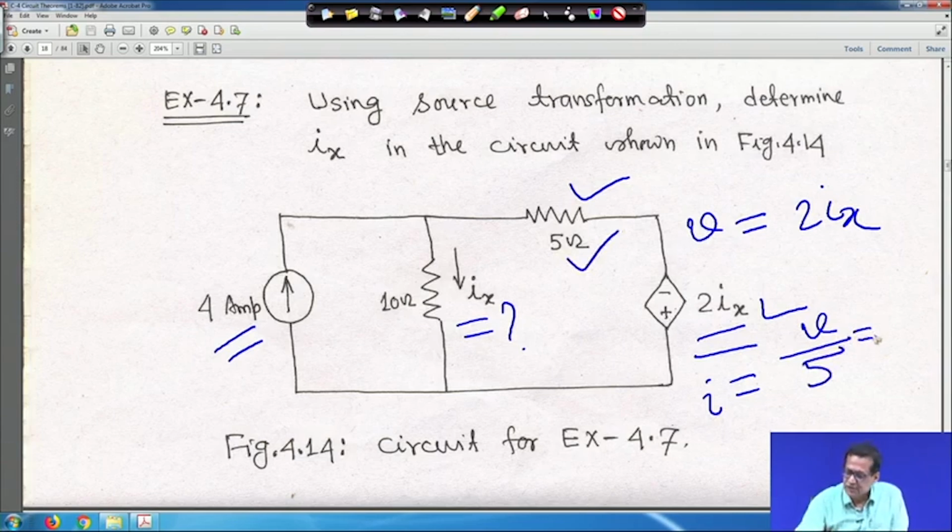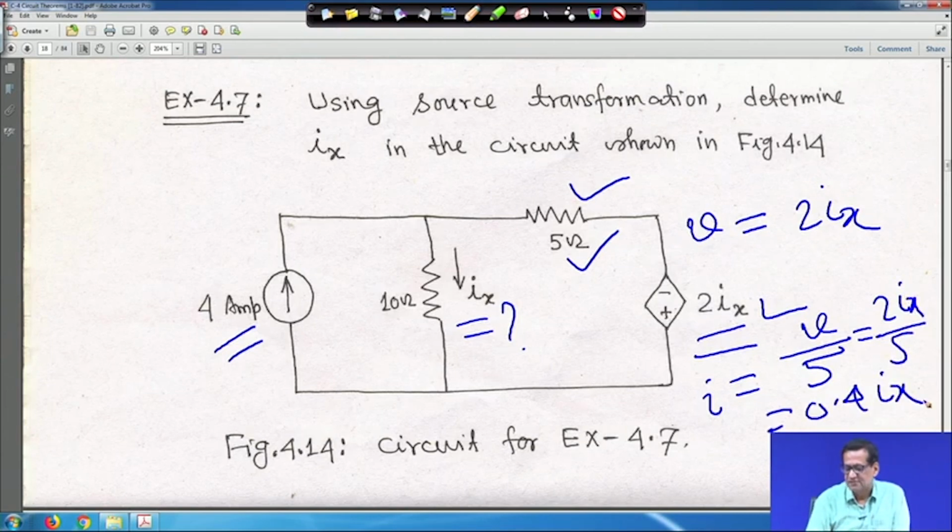V is 2 into Ix divided by 5, which is equal to 0.4 Ix, right. So, the dependent voltage source is converted to a dependent current source of 0.4 Ix.